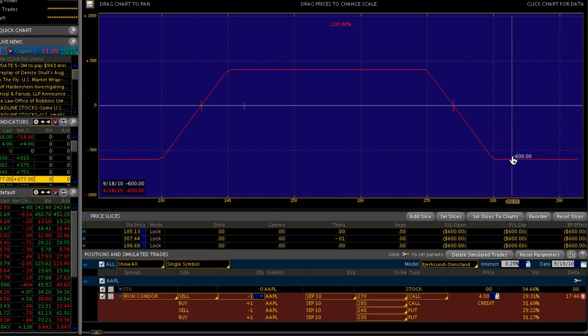So for this trade, remember 240 through 270 is our sweet spot for max profit, and anything at or under 230 is max loss. Anything at or above 280 is max loss. So let's take a look at the stock chart, and I'll highlight our sweet spot and break-even points for you.